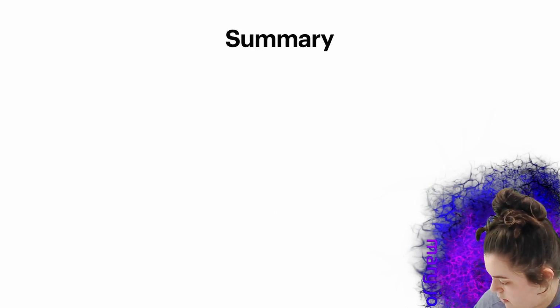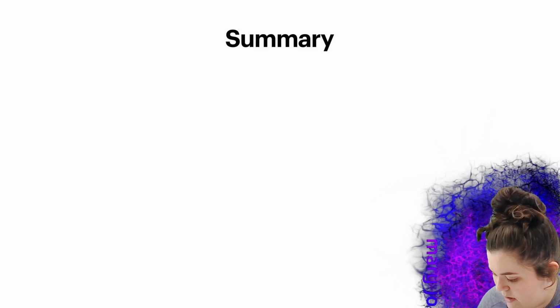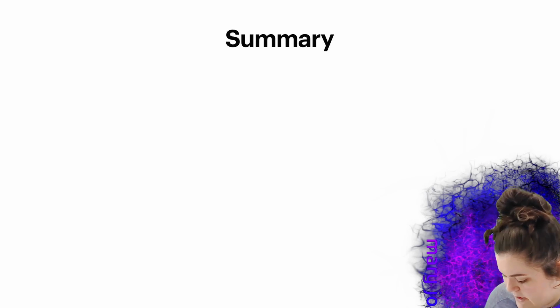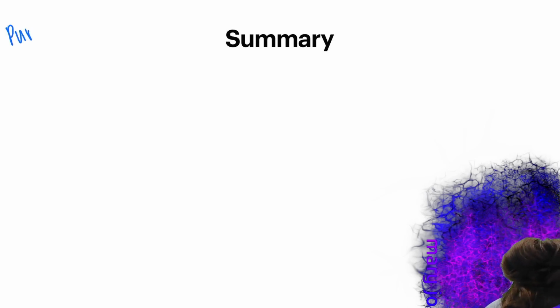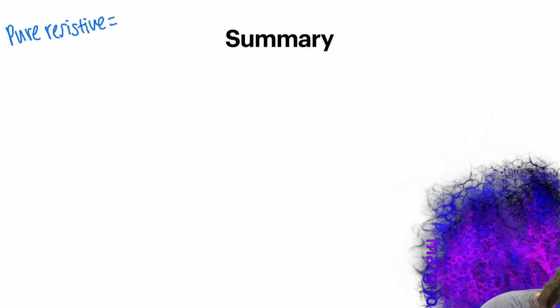And we're just going to go over a little summary of this chapter. So, we know that in a pure resistive circuit, the voltage and current are in phase with each other. So, pure resistive equals voltage and current in phase.